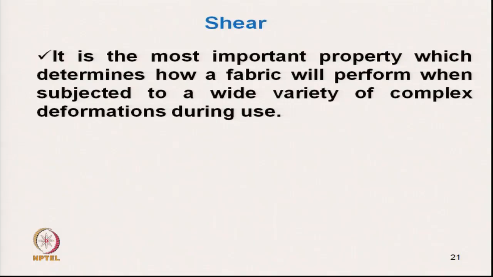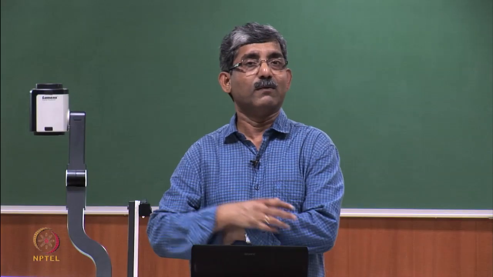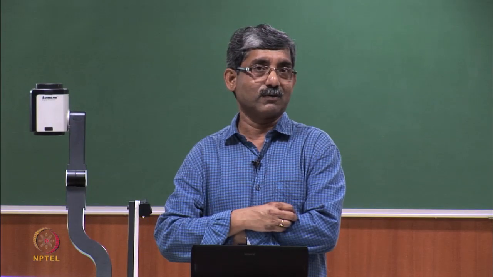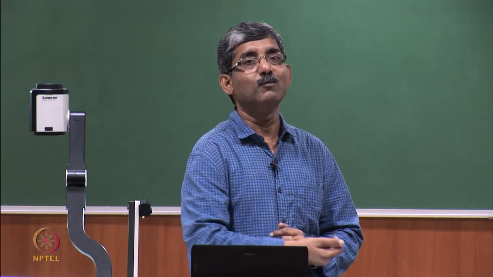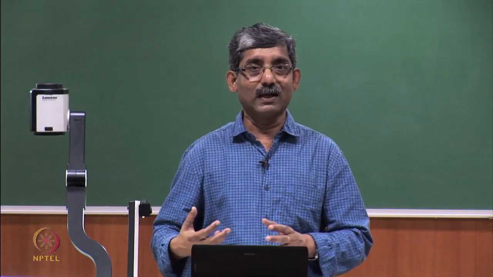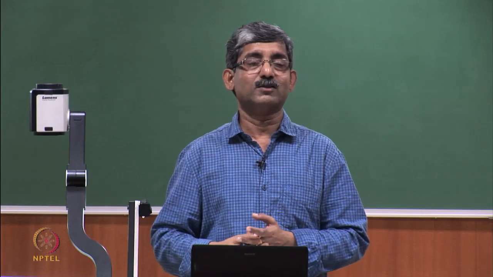So, it is the most important property which determines how the fabric will perform when subjected to a wide variety of complex deformation during use. Suppose my shirt: when I move, the fabric changes shape according to my body movement. So, that makes it comfortable for me.